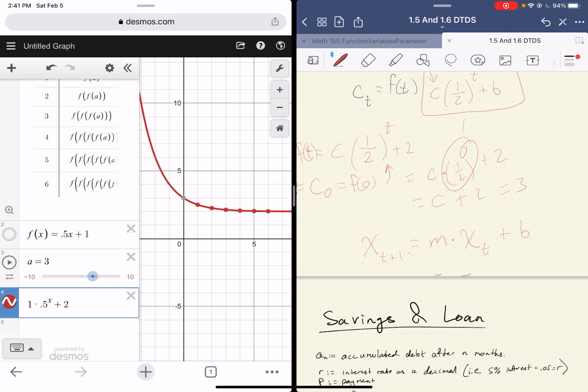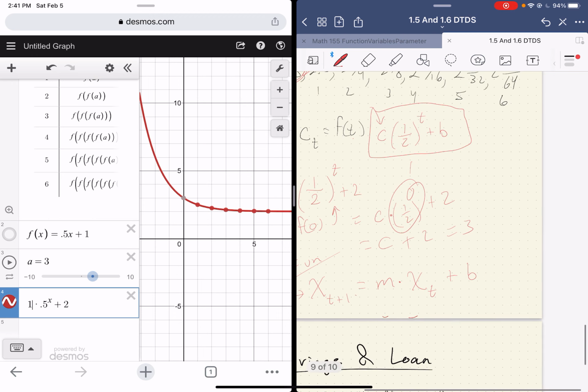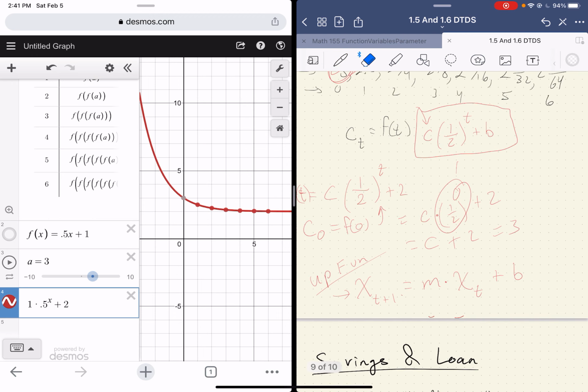So when we have an updating function of this form, then the solution function, x sub t, is going to be m to the power of t, something like this, if there was no plus b.